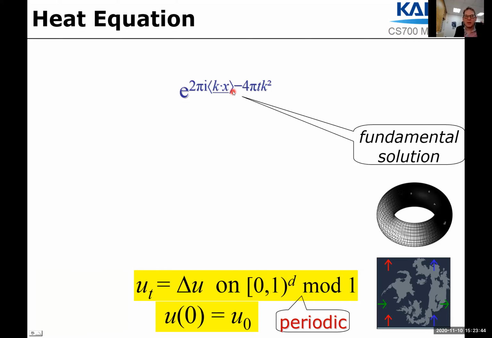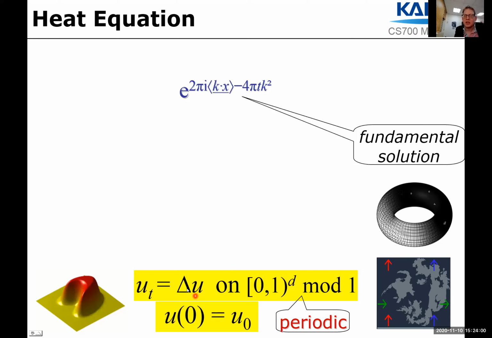And so if we take the derivative with respect to t, then minus 4 pi squared k squared comes here according to the chain rule of differentiation.